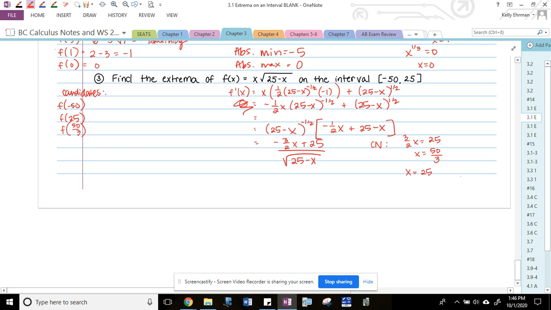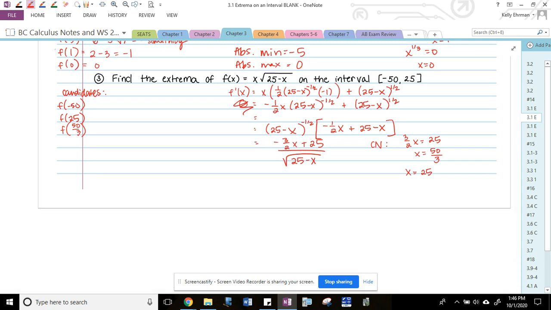Now, let's double check here. When x equals 25 and 50 over 3, are those in our interval? Yeah, because we go from negative 50 to 25. Worth double checking. So we also need to find f of 25. Oh, and I just realized I'm writing that down twice. That's one of the endpoints, so you don't need to find it twice.